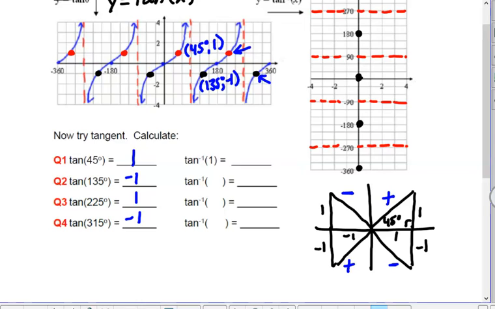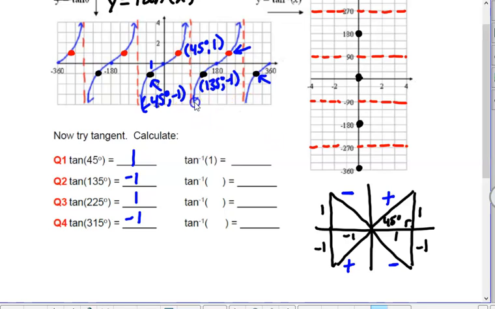And then notice we also have a place over here. This would be negative 45, negative 1. So we have an odd function again where opposite inputs give me opposite outputs.